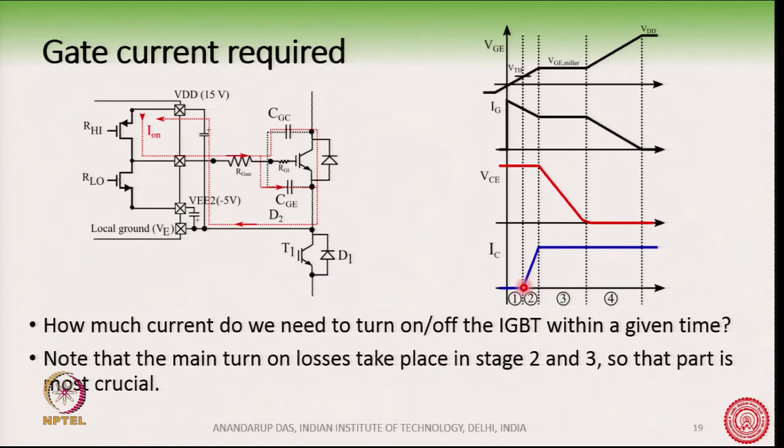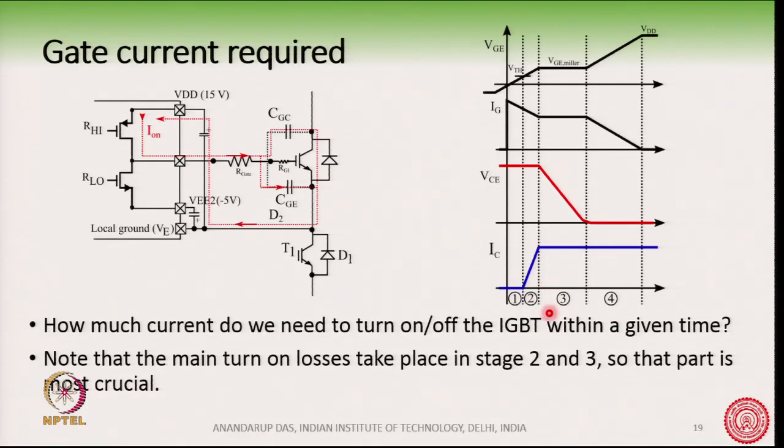These are the two stages in which the losses take place. If we can reduce this time, it is advantageous in reducing the turn on losses. So if we can reduce these two times, we will reduce our turn on switching loss.